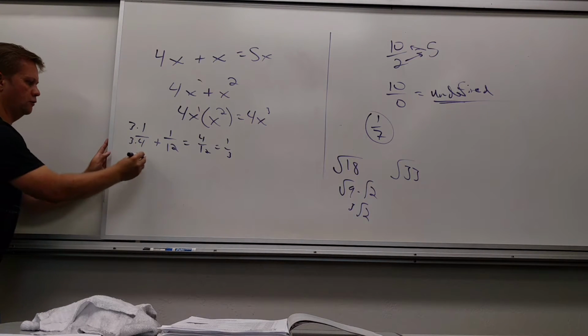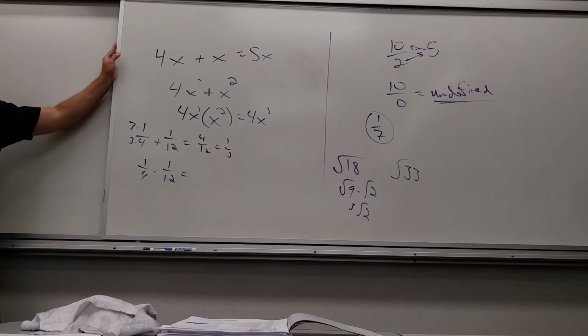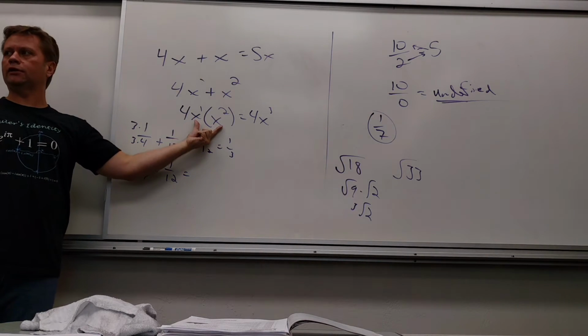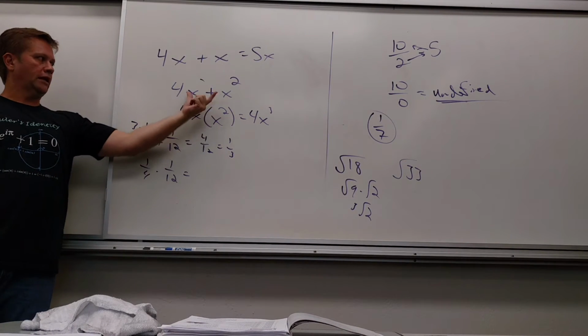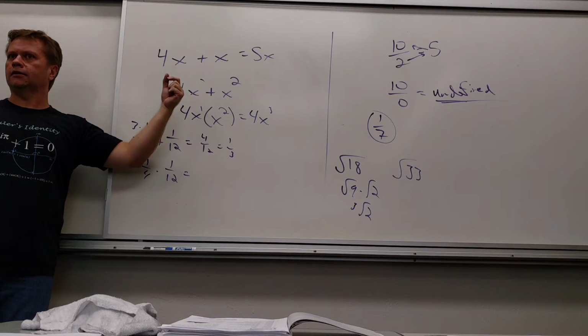But what about if I had 1/4 times 1/12? Can I do that? Hell yeah. Do I need the LCD? No, it's multiplication. It's not as restrictive. It's not as demanding. I can multiply non-like terms, but I cannot add non-like terms. I like it.